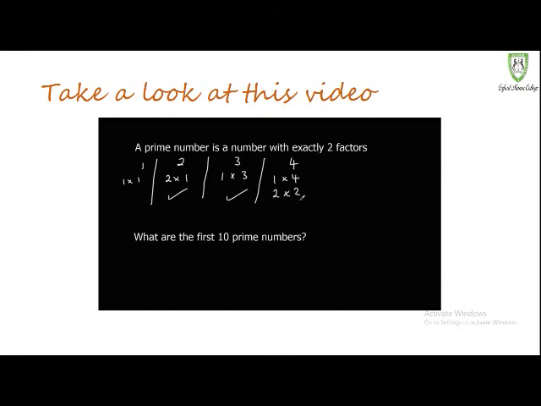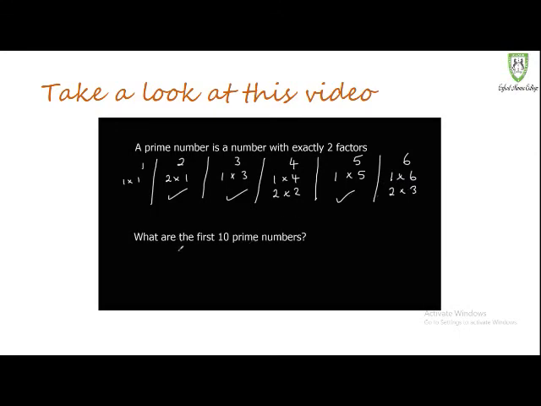It is not a prime number. 5, I can do 1 times 5 and I can't do anything else. So that means 5 has 2 factors, it's a prime number. 6, I can do 1 times 6 or I can do 2 times 3. So it's got 4 factors, so it's not a prime number.